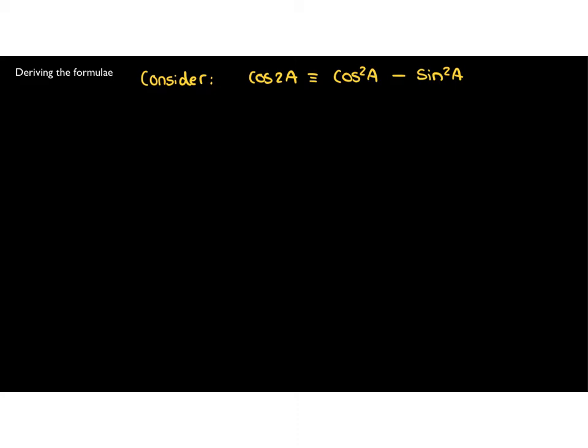Now, let's consider this identity, cos 2A is equivalent to cos squared A minus sine squared A, in a little bit more detail, because of course we know that sine squared theta plus cos squared theta is equivalent to 1. And we can make use of that identity.